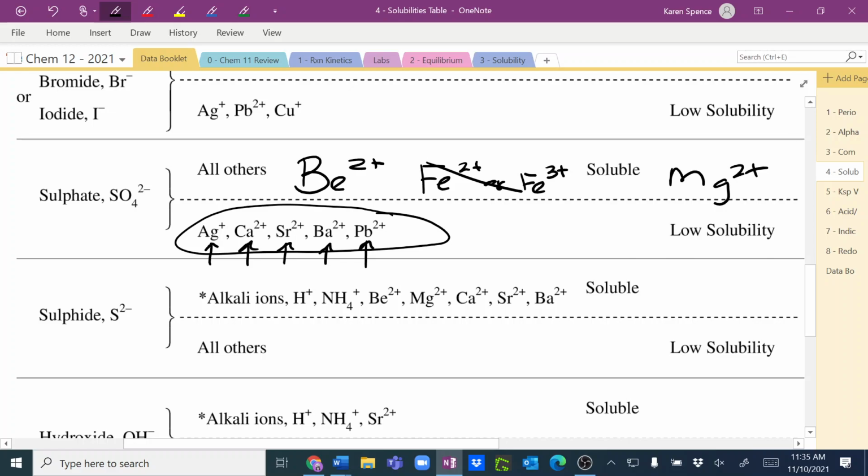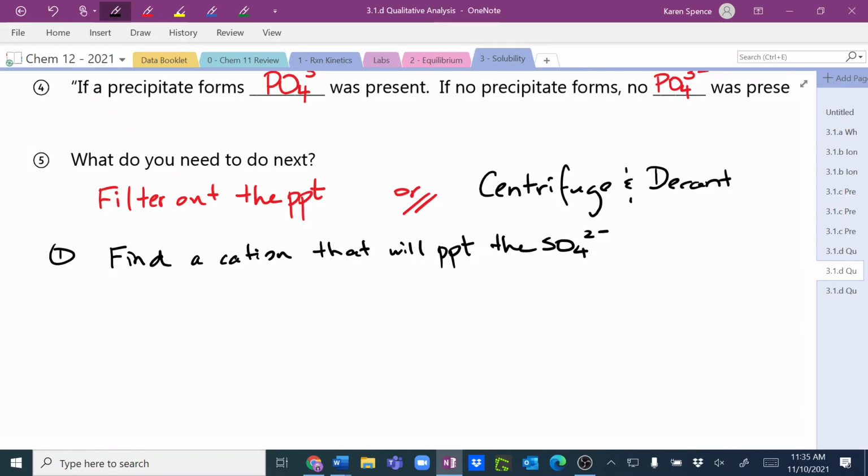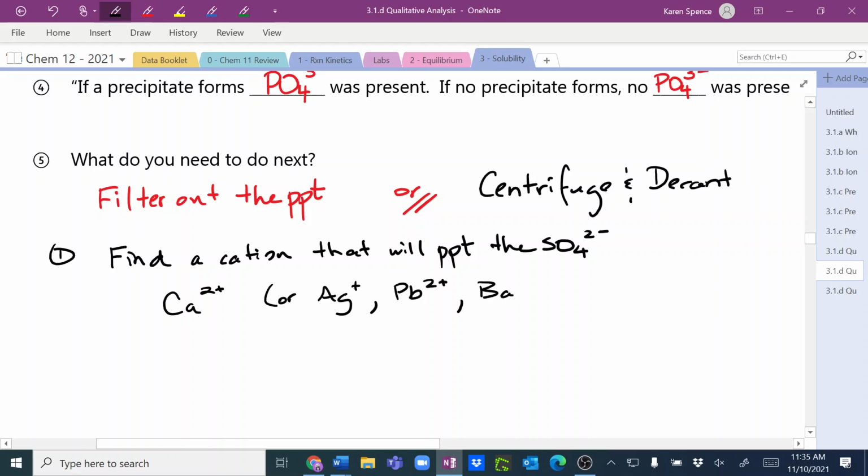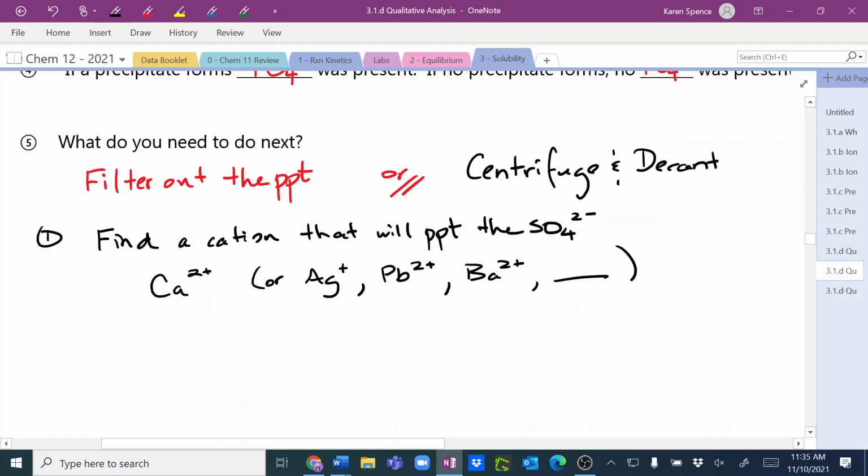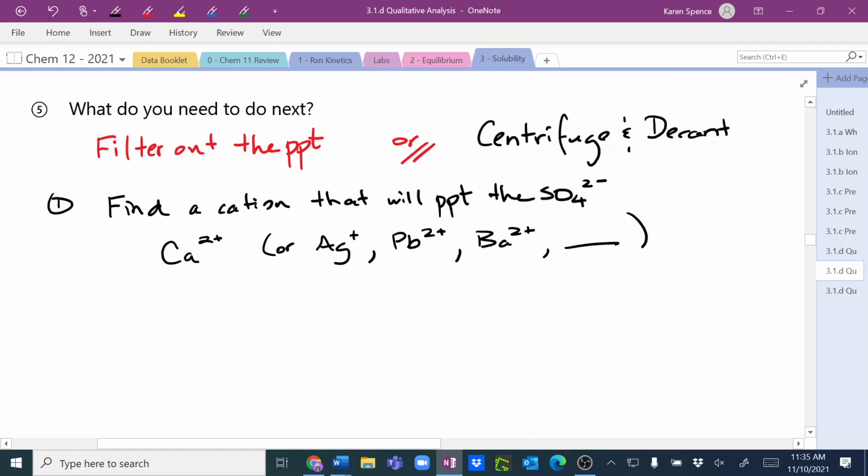All right, let's do calcium. And I can't remember the last one, but that's okay. So we're going to pick this one.